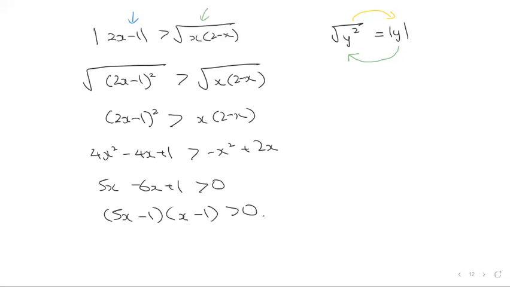Now, this is a concave up quadratic. You can pick your favorite method, but we know your intercepts are 1/5 and 1, and it's concave up, and you want it to be greater than 0. So just solving this quadratic means you want x to be less than 1/5 or x greater than 1. And that's it. That's your answer.